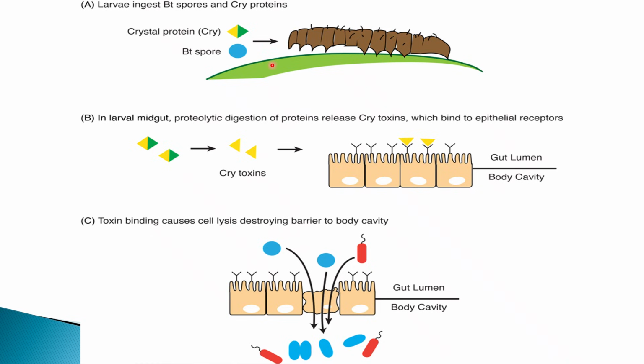After you introduce the gene, it will be expressed as a protein, the cry protein, that is called crystal protein. This crystal protein has qualities related to pH. I'm not talking about the crystal protein's pH specifically, because for everyone, pH matters: we human beings have metabolic activity in our body as well as different types of cells.